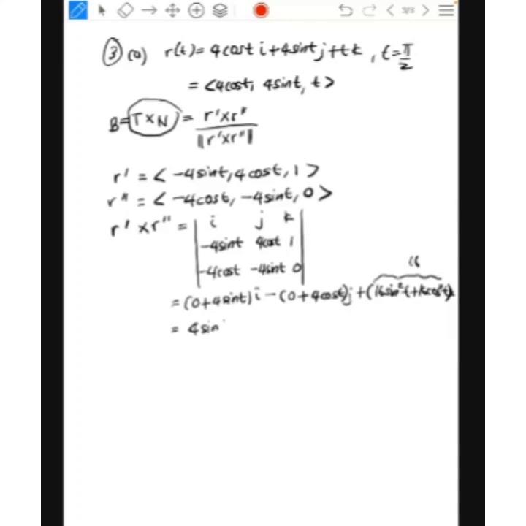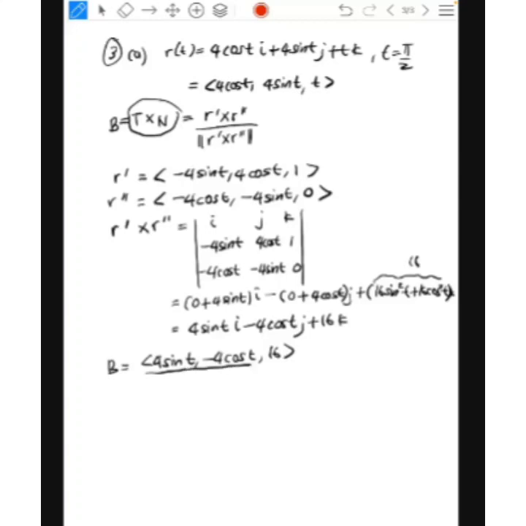So 4 sin T I minus 4 cos T j plus 16k. So you can already calculate your binomial vector, which is 4 sin T, negative 4 cos T and 16.